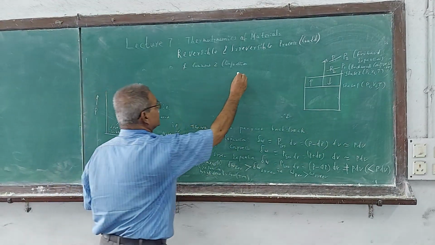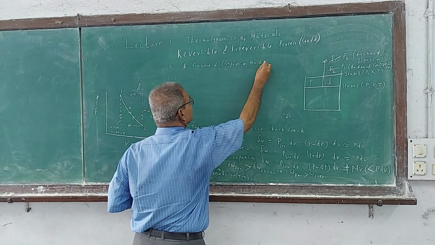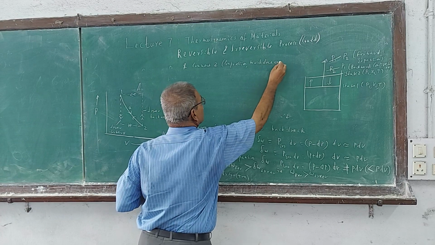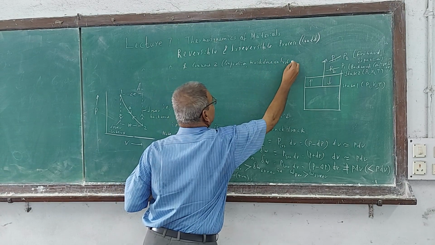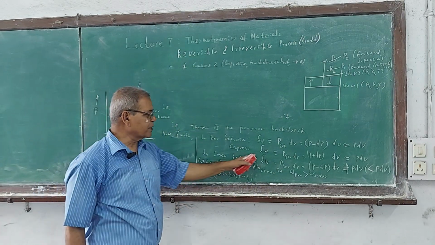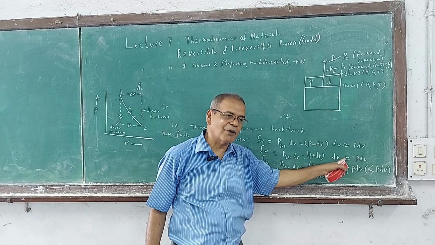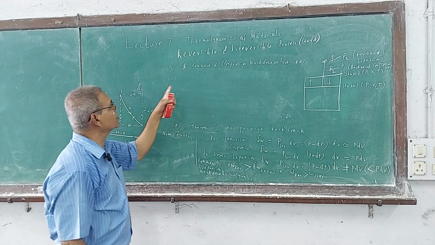Similarly, you write here compression, work done on system, and negative, because if you see here P dV, but dV is negative for compression, so work done is negative, as it should be, work done on system.